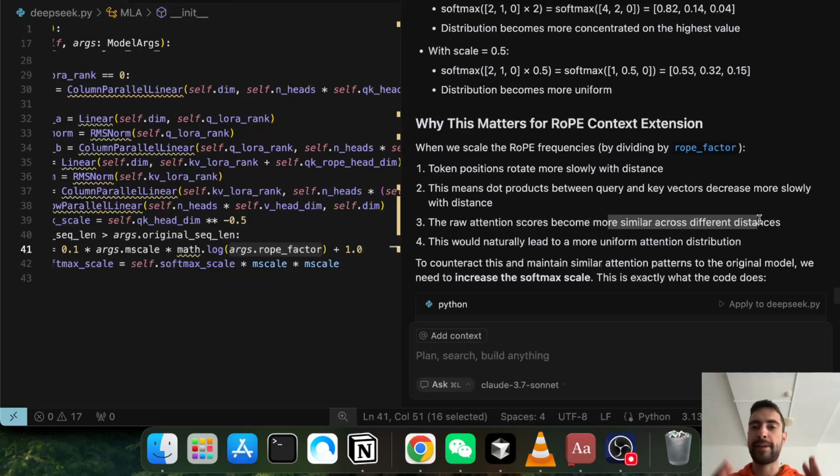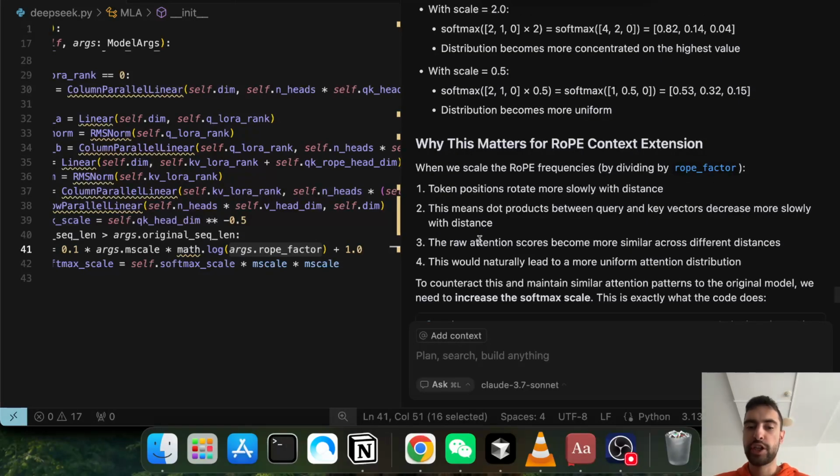As I said, the vectors now have higher dot product. And because those raw attention scores become more similar across different distances, this would naturally lead to a more uniform attention distribution. So now we go from a more confident, peaked attention distribution to a more uniform one, where peaks are lower and these valleys are higher. So we want to return them back to being peaked and low.